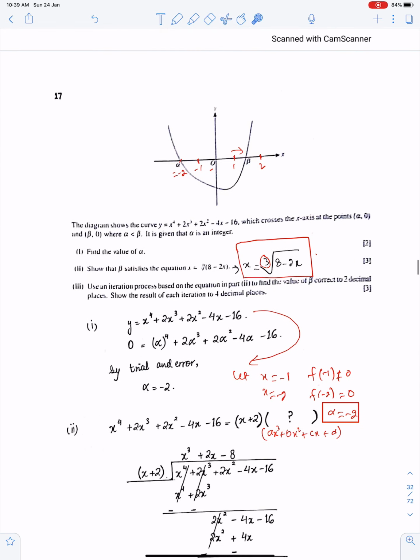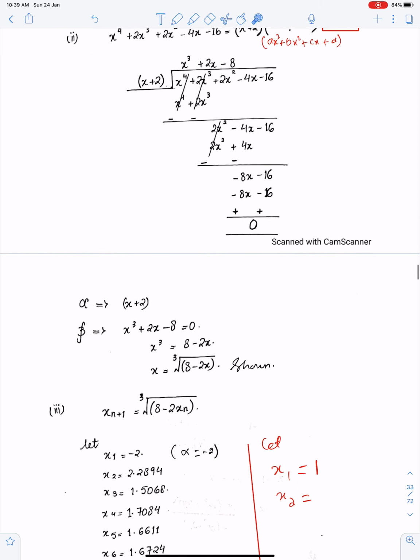The last part is to find the root. Use an iteration process based on the equation in part 2. Convert this into an iterative formula, and then find beta to 4 decimal places.